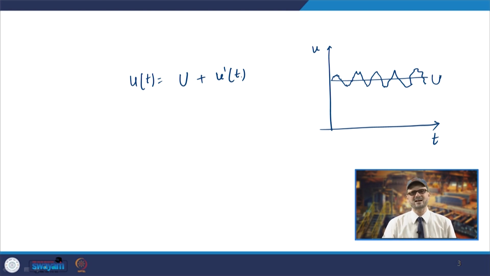For all of them you will have a mean value and a fluctuating component, the component above the mean being u prime(t).